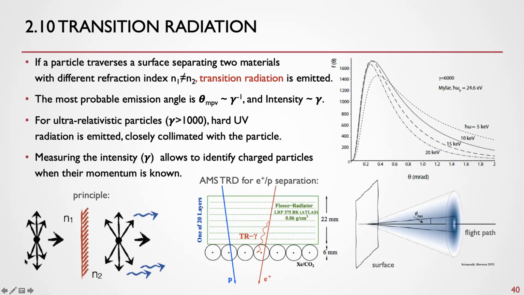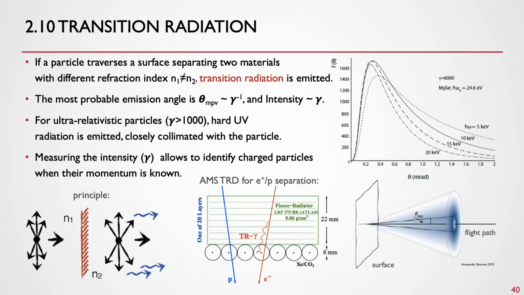In other words, the electromagnetic field for a charged particle, when it traverses from left to right, has to rearrange itself. And the rearrangement causes the emission of highly energetic photons. You can imagine probably that this idealized situation allows calculations from first principles. And indeed, this is the case.